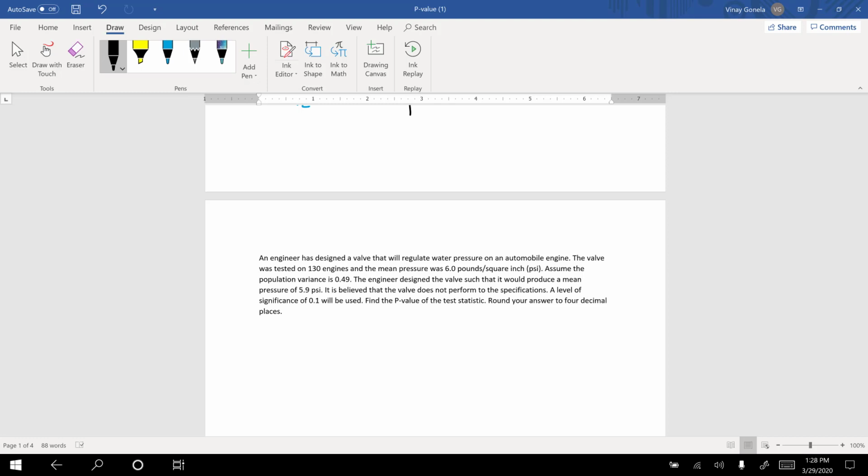The engineer designed the valve such that it produces a mean pressure of 5.9 psi. It is assumed that the valve does not perform to the specification. A level of significance of 0.1 will be used. Find the p-value of the test statistic, round your answer.